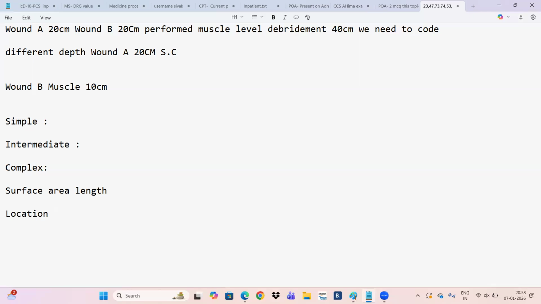Three things we need to identify while coding a procedure: type of repair, surface area length, and location. If you identify these three things, you will get a code.